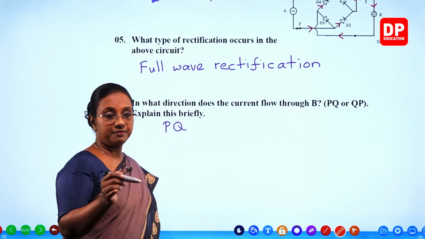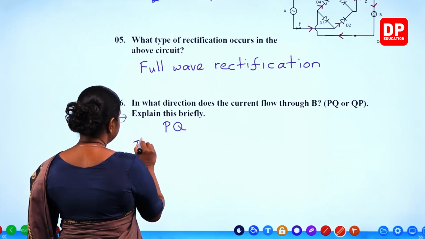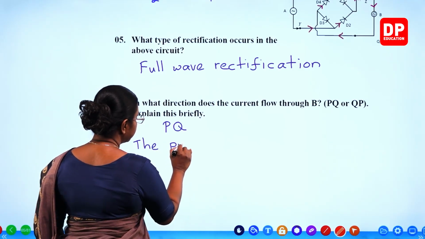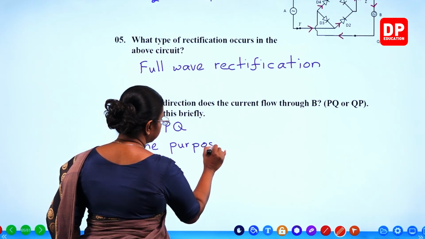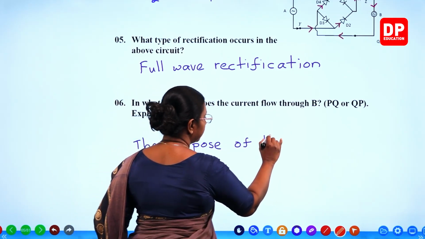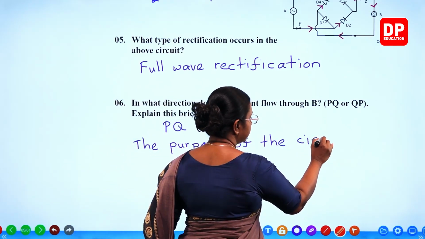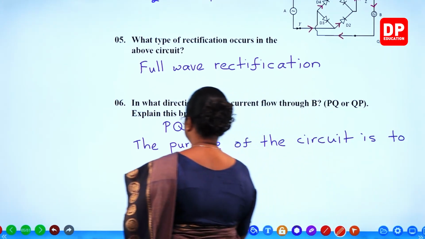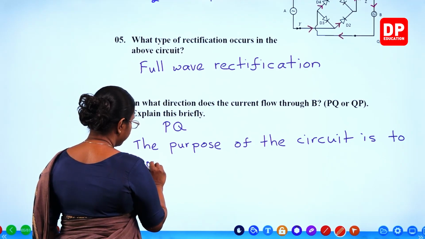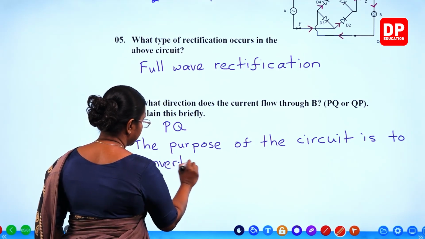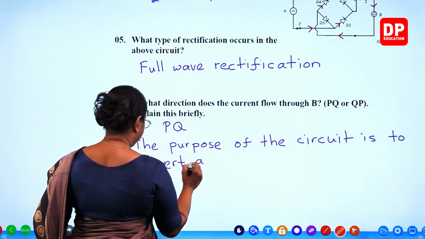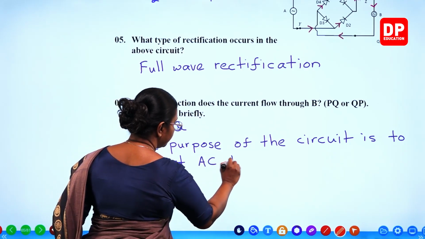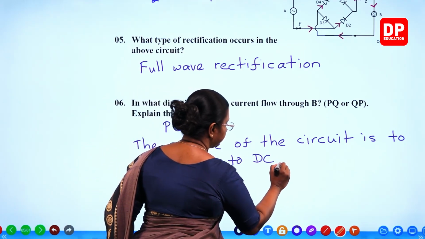Explain this briefly. The purpose of the circuit is to convert AC to DC.